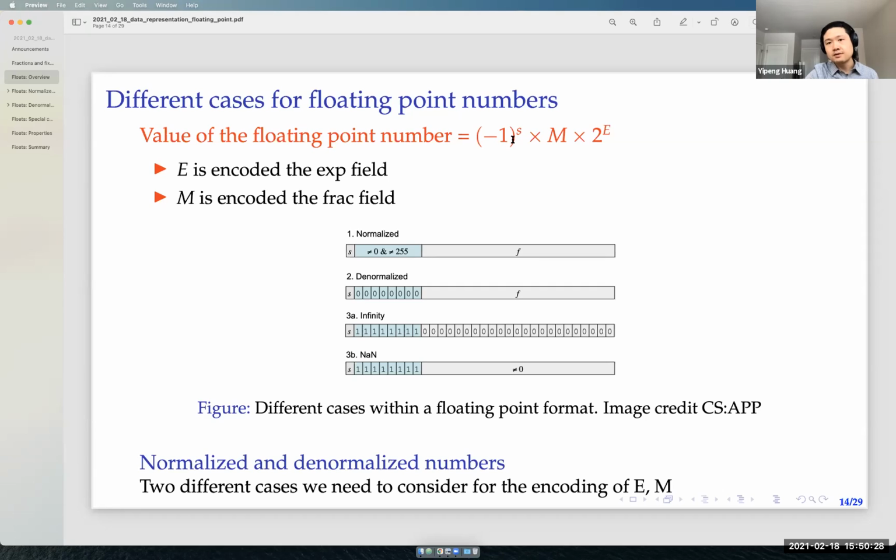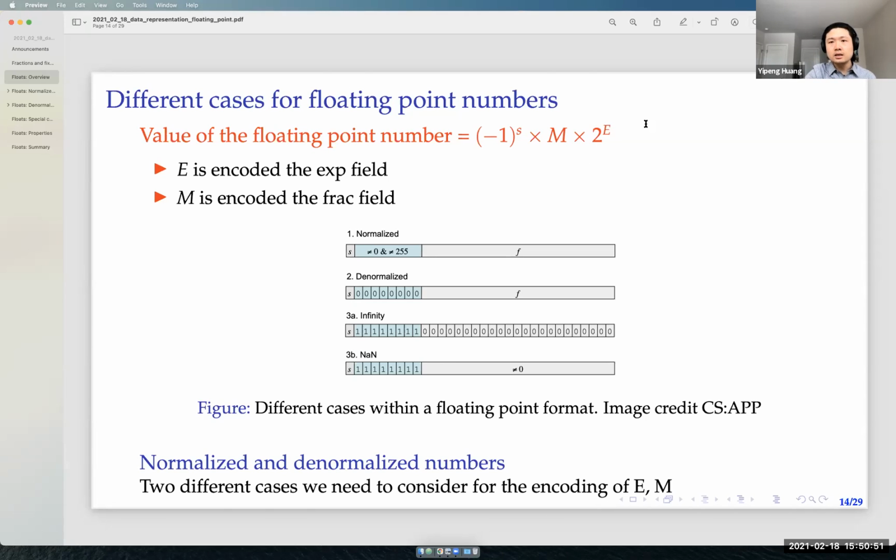For example, if s is 1, then this becomes a negative number. If s is 0, then this is a positive number. M encodes the significant bits of our number. So for example, for Avogadro's number, M is 6.022 something.